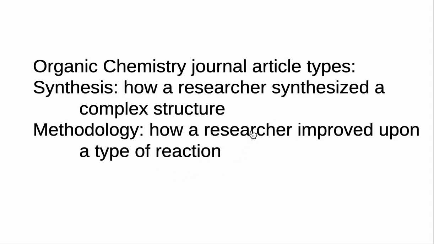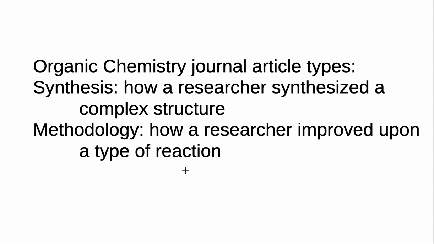Another type of article is if a researcher doesn't have a specific target that the person is trying to synthesize, but a specific reaction that the group is trying to improve upon. So maybe there's a reaction that always proceeds in low yield and this group found a way to make it higher yield, or a reaction always interferes with alcohols.